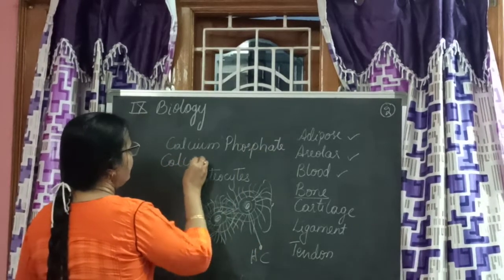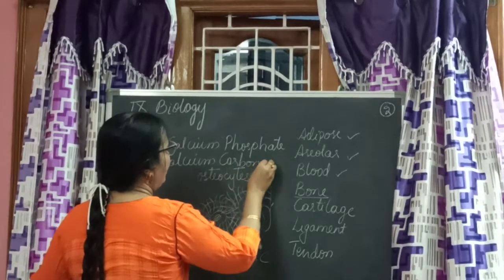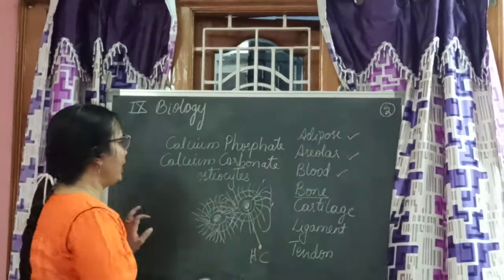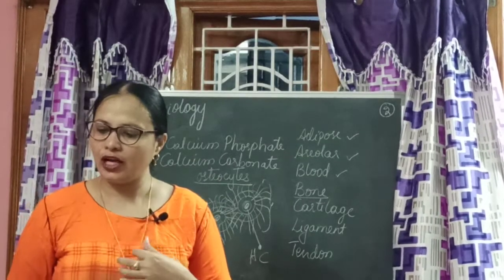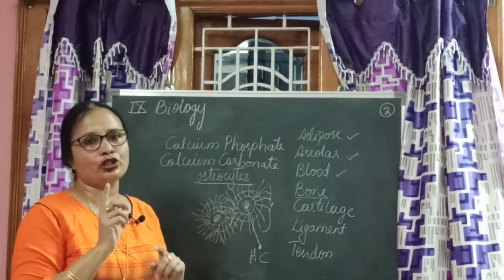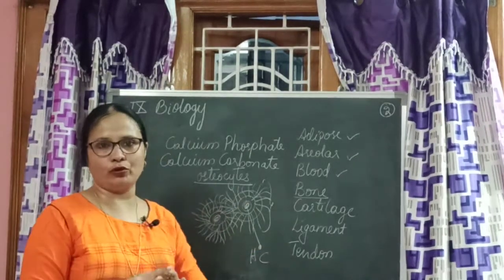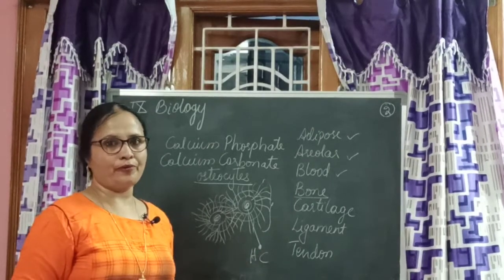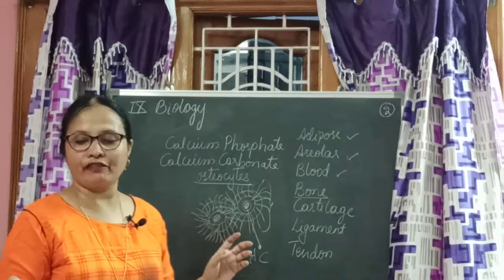They are present in the central portion of the bone, which is called bone marrow. And this is so strong because of the presence of calcium.